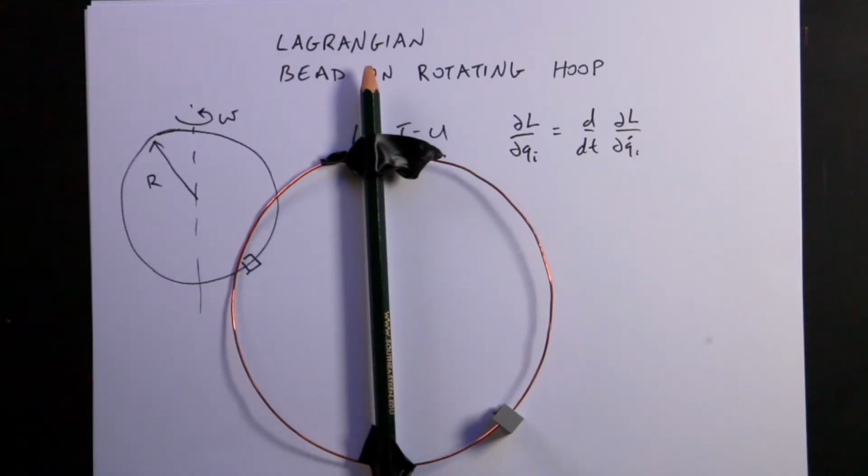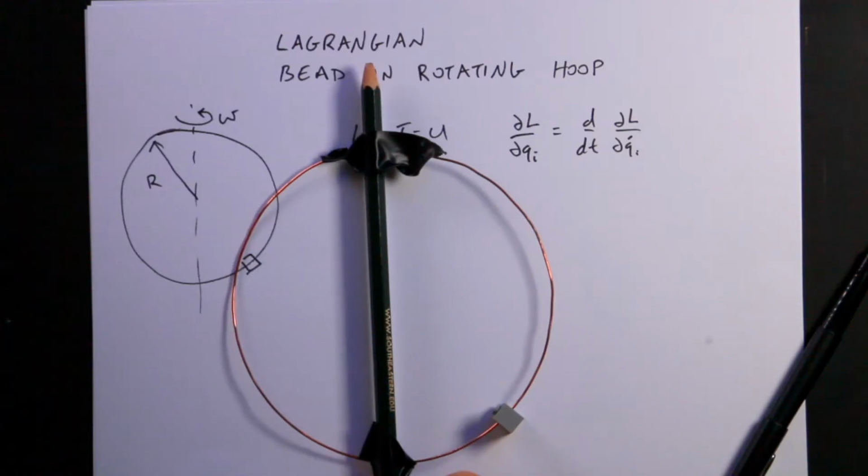So we have to find the Lagrangian and then minimize the path integral over space-time. I know that doesn't make sense. I'll link a video down below with my introduction to Lagrangian mechanics.